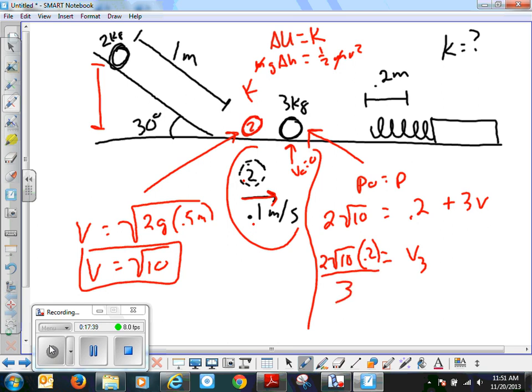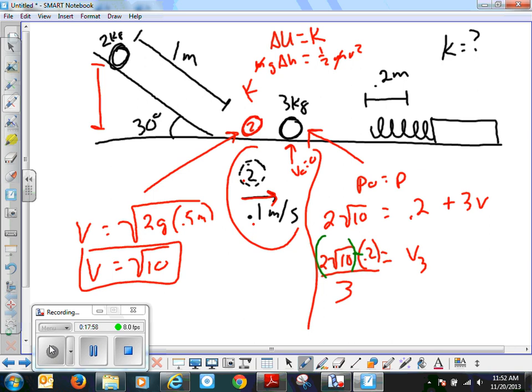And that's my velocity of my 3 kilogram, right? Minus 0.2. 2 times the square root of 10 minus 0.2, all divided by 3 is my velocity.